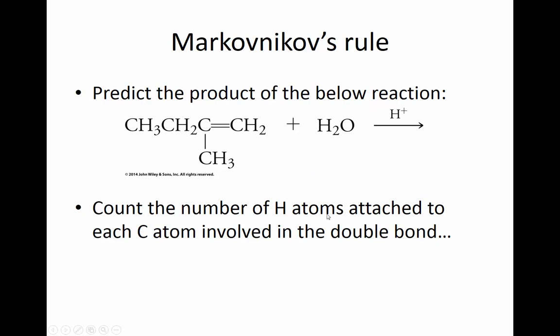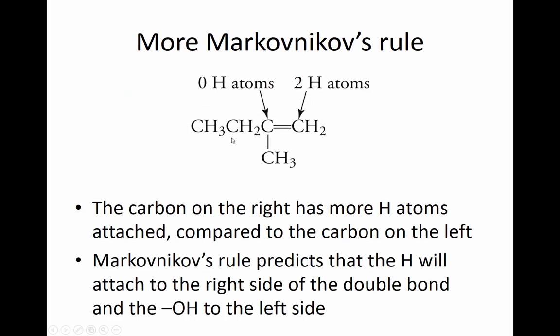Essentially what you're doing is counting the number of hydrogens attached to each carbon atom involved in the double bond, because we know this is going to be a hydration reaction of a double bond. The carbon on the right here has more hydrogen atoms, two of them to be precise, compared to the carbon on the left, which has none. Now Markovnikov's rule predicts that the hydrogen will attach to the right side of the double bond and the OH to the left side.